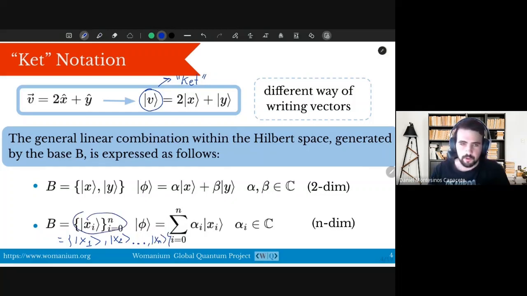This is a short way of writing this whole sum. N could be 100, 20, 50. So we are not going to be writing x1, x2, x3, x4 until we get to the 100 or whatever. This is just a short way to write this. So a general linear combination using this basis here could look like this.